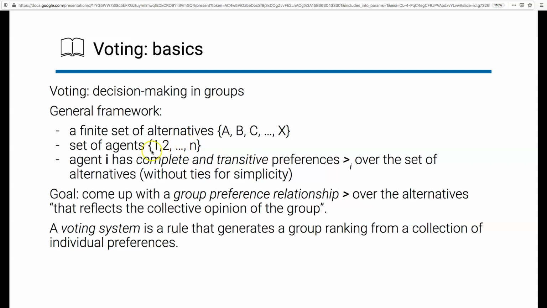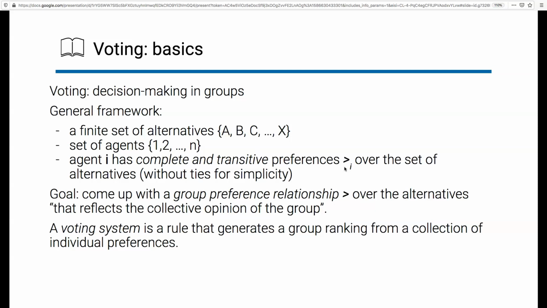Each of those agents has complete and transitive preferences over the alternatives, and somehow these agents need to decide on a common group ranking of these alternatives, which is based off the original preferences of each participant in the group. So the goal is to generate a group preference relationship over the alternatives from individual preference relationships. And any procedure, any rule that generates such a group ranking is called a voting system.